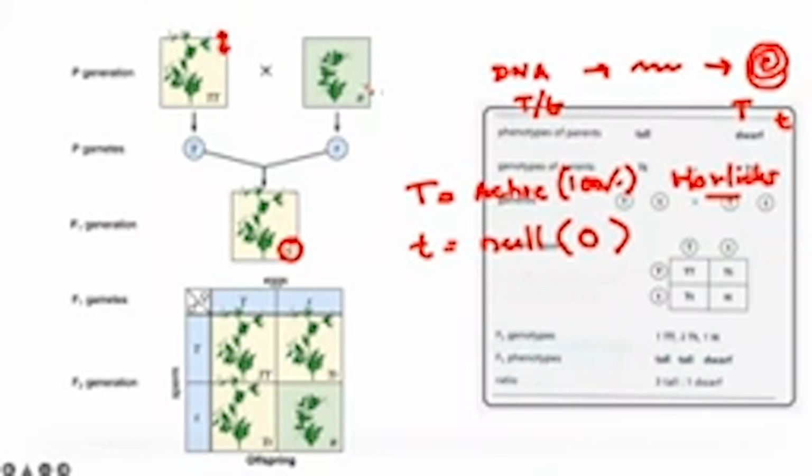However, the moment you get two alleles which are not functional, you will not get a plant which is higher than a certain level. So if, let us say, this is 6 feet, this is 4 feet. So you either get 4 feet or you get 6 feet. Even if you have a single functional allele, you get 6 feet.